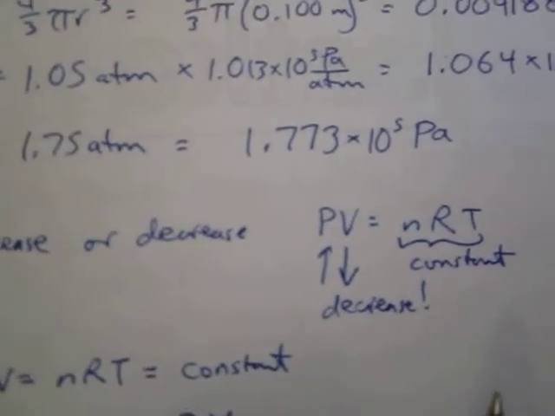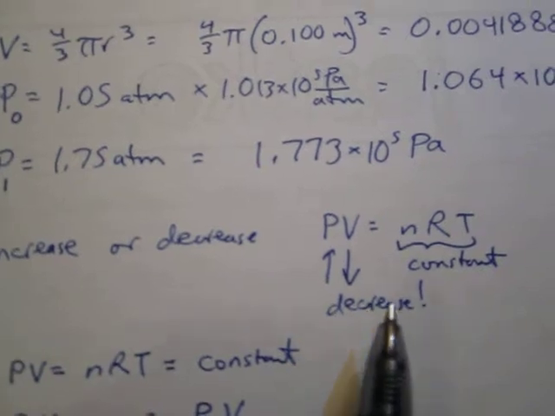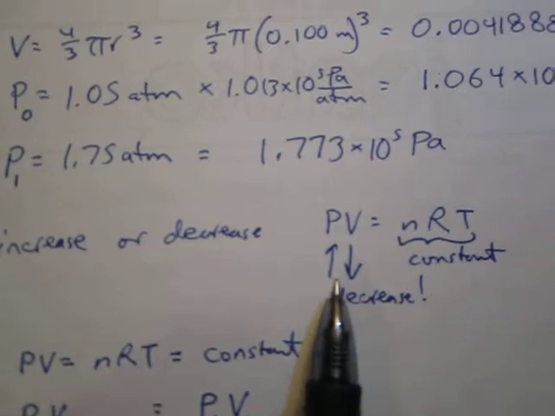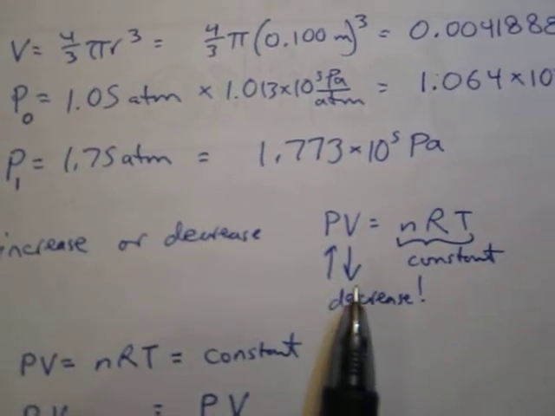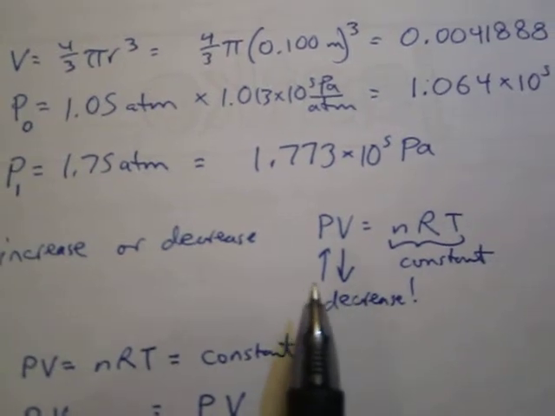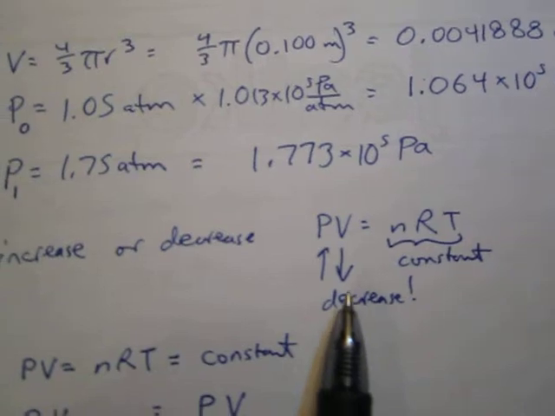The point is that the right-hand side is constant, meaning the left-hand side, P times V, is some constant number. So if pressure increases, and pressure times volume is constant, there's this inverse relationship between pressure and volume. So if pressure increases, volume must decrease.